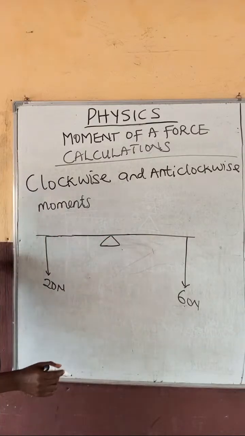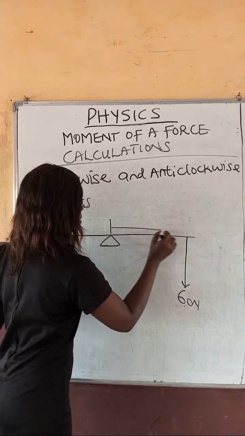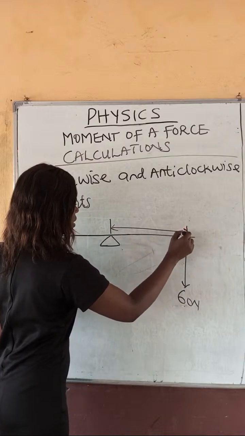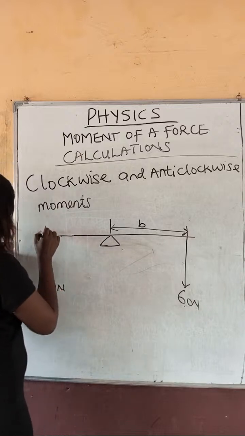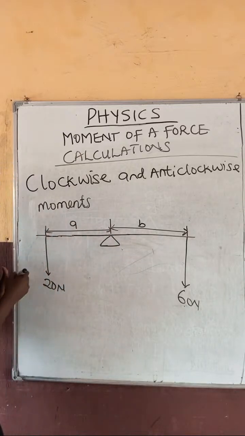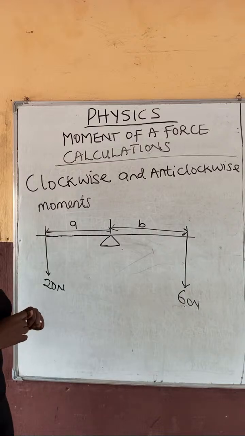Now the distance from here to here is B, while the distance from here to here is A. The question is, what is my clockwise moment? What is my anti-clockwise moment?